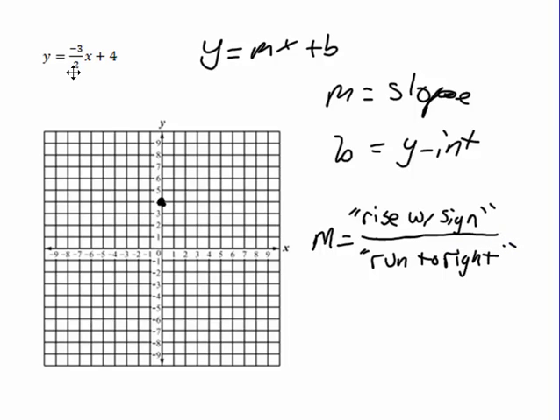So here my slope m is -3 halves. So I'm going to rise with the sign. So -3 means I'm going to go down 3 units. So 1, 2, 3, and then run to the right 2 units. So here I am at this point 2, 1. And now I can draw my line going through those 2 points.